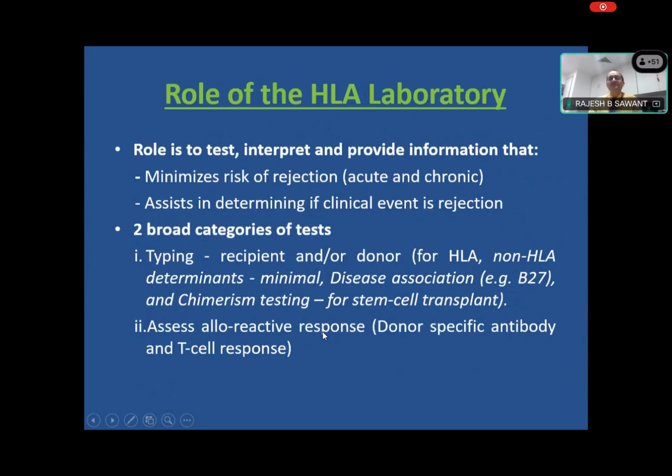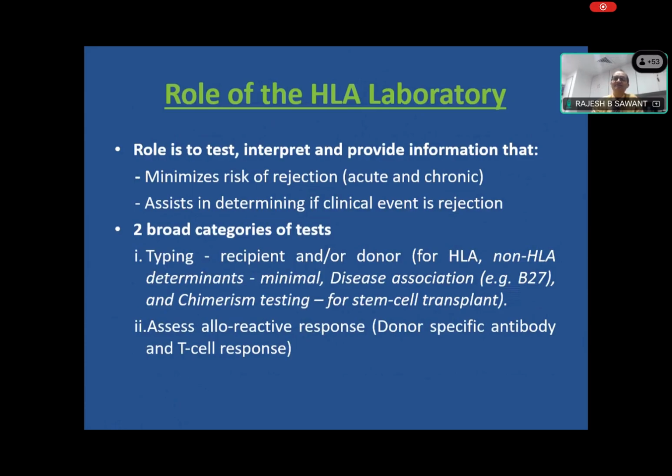Okay, so typing, as I was saying, is not only for the donor and the recipient, but there are certain HLA typing tests that are very specific because they are associated with a particular disease. So disease association, and the commonest which all of us know is typing for HLA-B27. The other important application of typing based tests is chimerism testing.